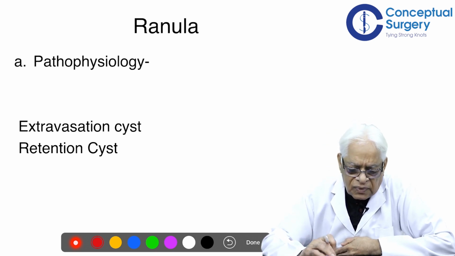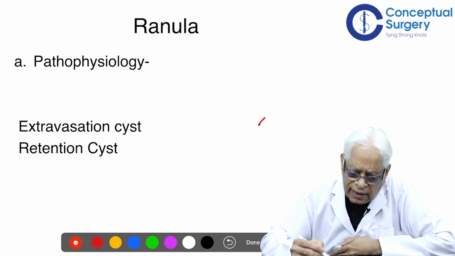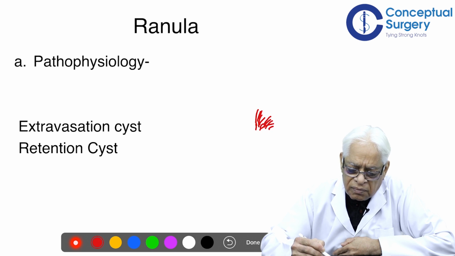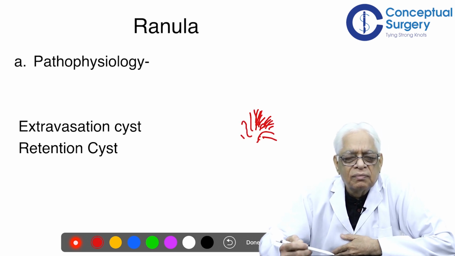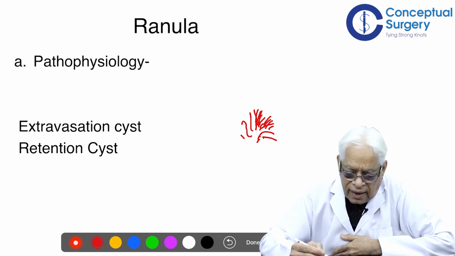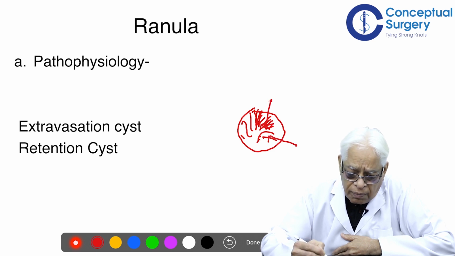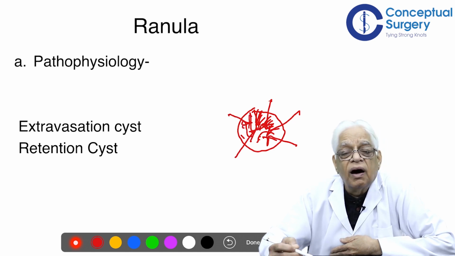That is, a localized leak of these secretions, and these secretions are mucoid. They are encapsulated and they absorb water over a period of time and result in formation of a cyst.